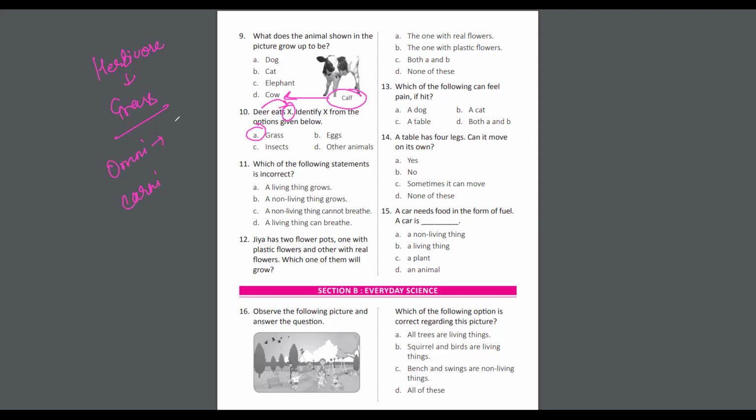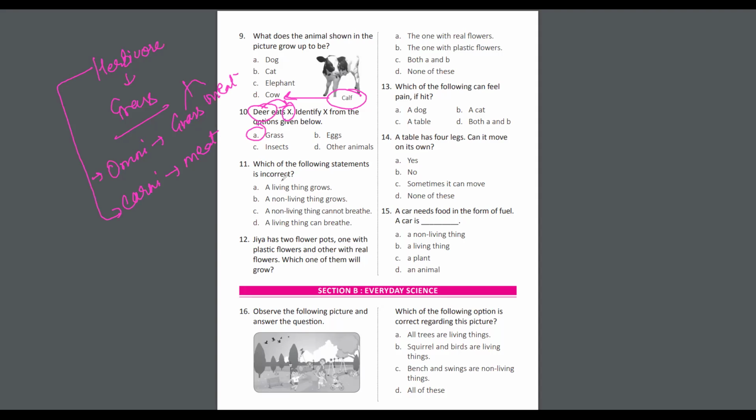So omnivores are those which can eat grass as well as meat, right? They eat both, but carnivores only eat meat of other animals. So these are some of the things which you need to understand about the herbivore, omnivore, and carnivore. So deer is your herbivore animal which eats grass only.